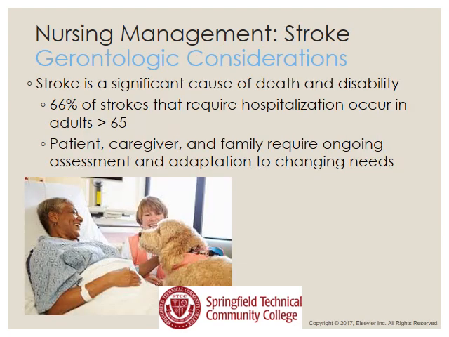Specifically when talking about the elderly, stroke is a significant cause of death and disability. 66% of the strokes that require hospitalization occur in adults greater than 65. Age is really one of the primary risk factors for stroke. Both the patient, the caregiver, and the family require ongoing assessment and adaptation to changing needs.